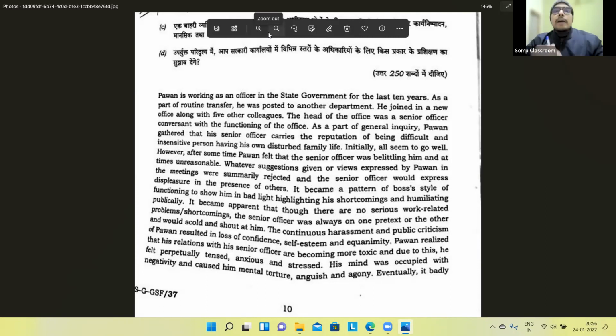Fine. So Pawan is an officer in state government for the last 10 years. Always remember, this first line itself should trigger you that he is not a new officer. He is already experienced. So you have 2 kinds of issues that should pop up in your mind. If the officer is new, then certainly he has fresh blood. He wants to do something. He is not lackadaisical. Okay.